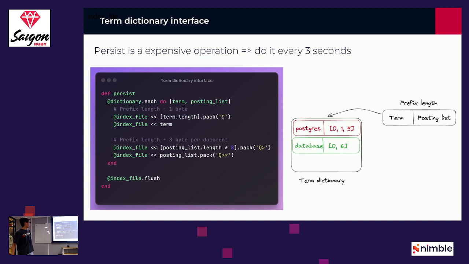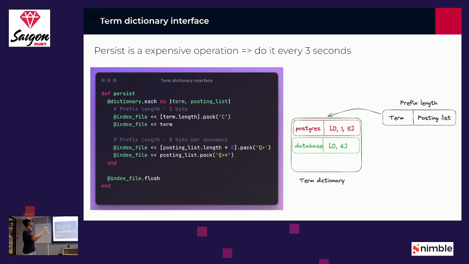So the C flag, and then you shove it to the 5, and again you prefix the length. The length is going to be the amount of documents: here there are 3 documents, so the amount is 3 times 8, which is 24. And that's it. You flush it, so you basically persist the term dictionary on disk.